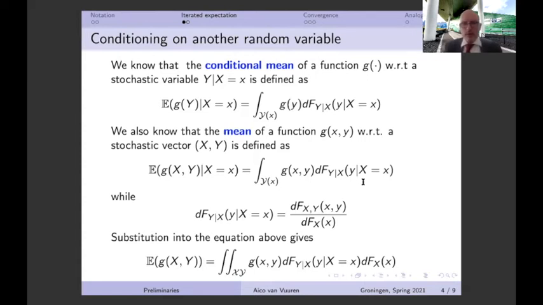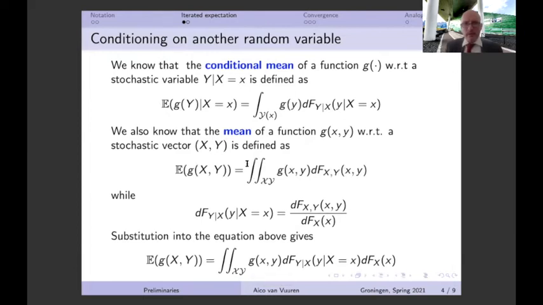Now, what I would like to do is go back to a thing that we already had, and that was this mean that we had over here. Remember that we started actually with this multivariate mean, at least with respect to a vector, and we had already this part that we had over here. I would like to go back to this thing and rewrite it a bit. How can I do that?